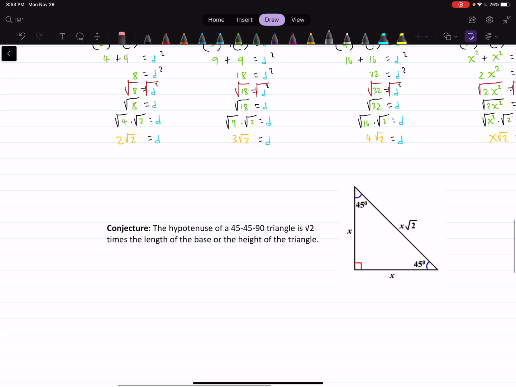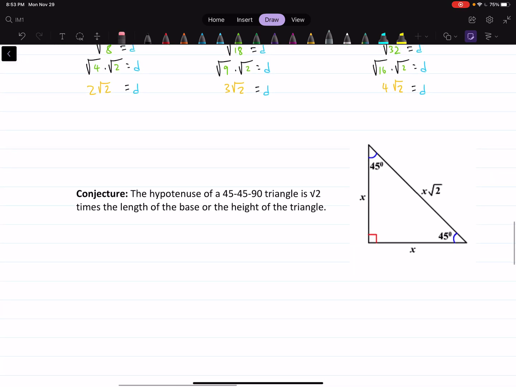So I want you guys to pause the video and write this down, because this is immensely important. It is a truth of mathematics that anytime you see a 45-45-90 triangle, the hypotenuse is square root of 2 times the length of the base or the height of the triangle. If you don't like the base or the height, you can say the length of the legs of the right triangle.